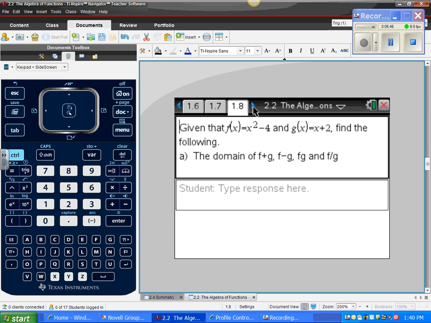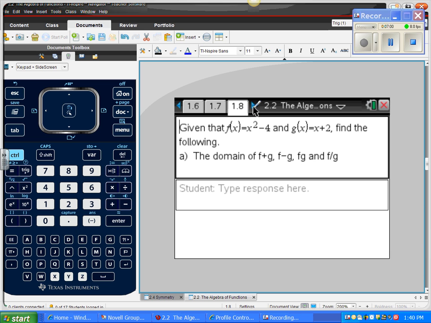Okay, so given that f of x equals x squared minus 4 and g of x equals x plus 2, find the following. We want to find the domain of f plus g, f minus g, f times g, and f divided by g. So what we have here, x squared minus 4, you guys should know is a quadratic, and x plus 2 is linear. Okay?